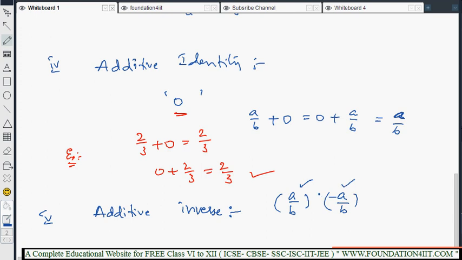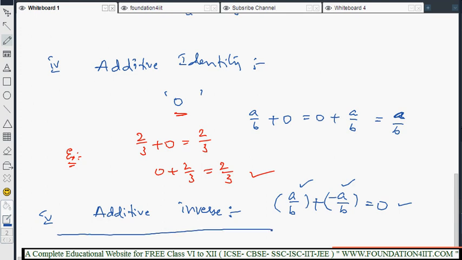If a by b is a rational number, then minus a by b is its additive inverse, because if I add both, I get 0. The additive inverse of 0 is 0 itself, because 0 is also a rational number, right? So 0 plus 0 is 0.